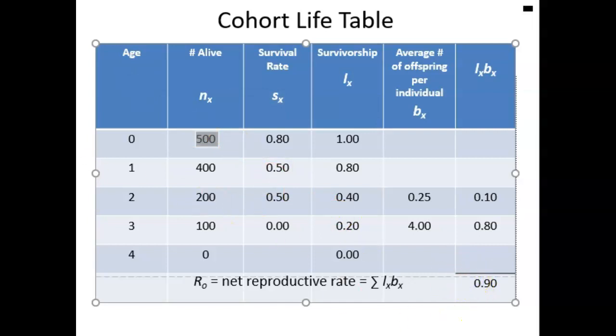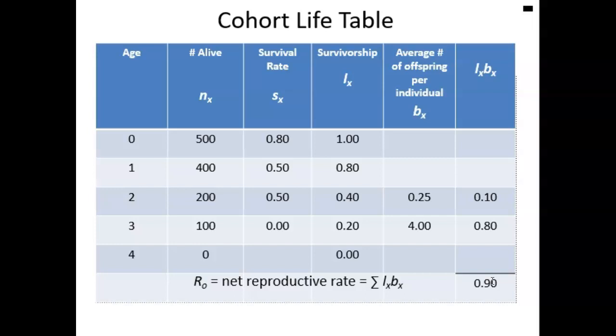So because our net reproductive rate is less than 1, this population is getting smaller. There were 500 seeds that started growing at the beginning of this cohort. Next year's cohort is only going to have 450. A net reproductive rate less than 1, population is going to be getting smaller.